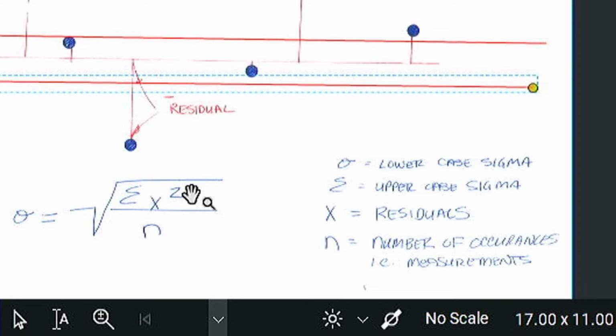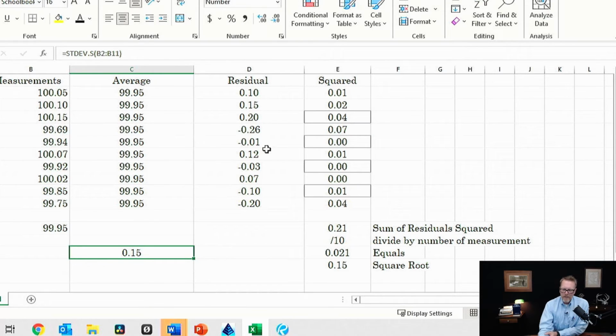Let me show you. I took my residuals. My best fit was an average in this case. I came up with my residuals, which is just the difference from my average to my measurement. I squared them. I totaled them, big sigma here. Summed them, divided by 10, came up with 0.021. I did a square root, and I end up with the standard deviation.